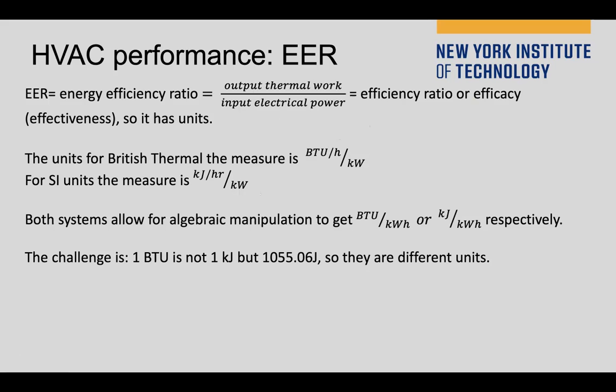COP and EER are the same except for the unit. I repeat, for the SI unit, the output thermal work, no matter cooling or heating, is in kilojoule per hour, and the input electrical power is in kilowatt. So it is an SI unit. For imperial units, we use BTU per hour for the output thermal work. I also mention a little bit on eQuest.